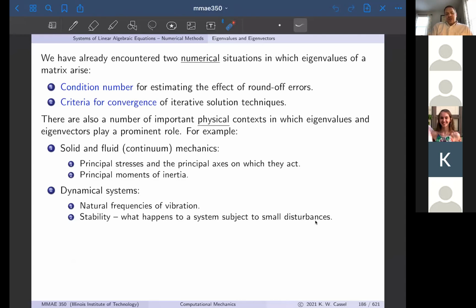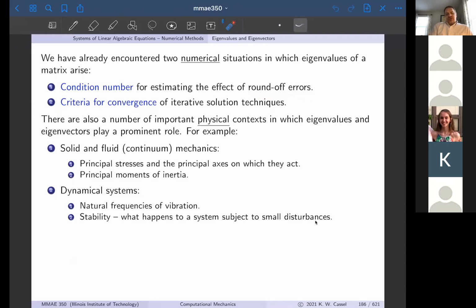The other place we saw it last class was in the convergence criteria, which tells us how we know the iterative process will converge to the correct solution. We said you can prove mathematically that the eigenvalues of the iteration matrix all have to be less than 1.